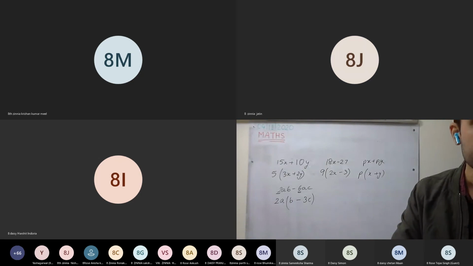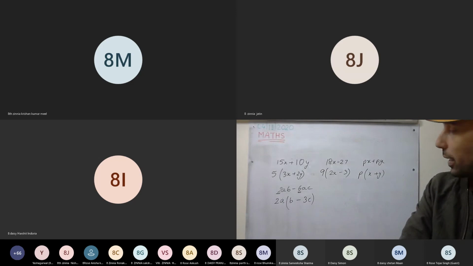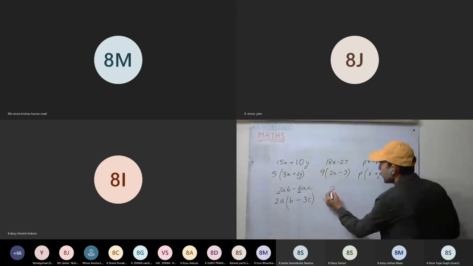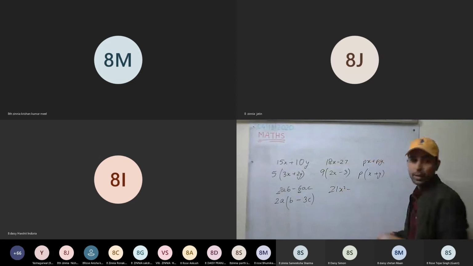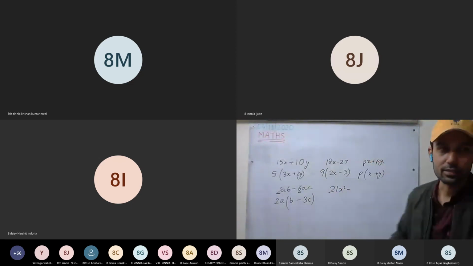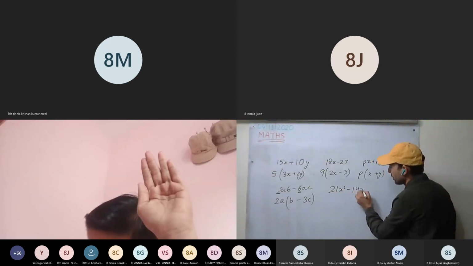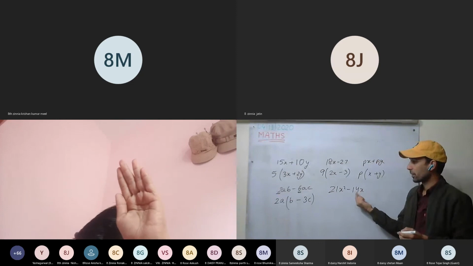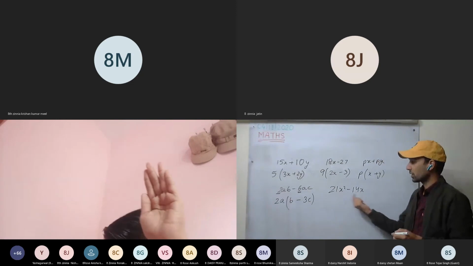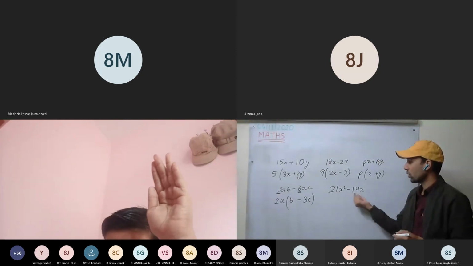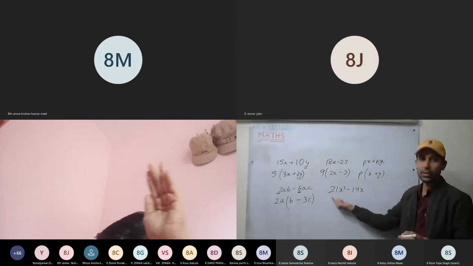Okay, next question, Anjali, 8 Rows, you tell. 2ab minus 6ac we already did. 21x square minus 14x. So first, between the constants, find the highest common factor.